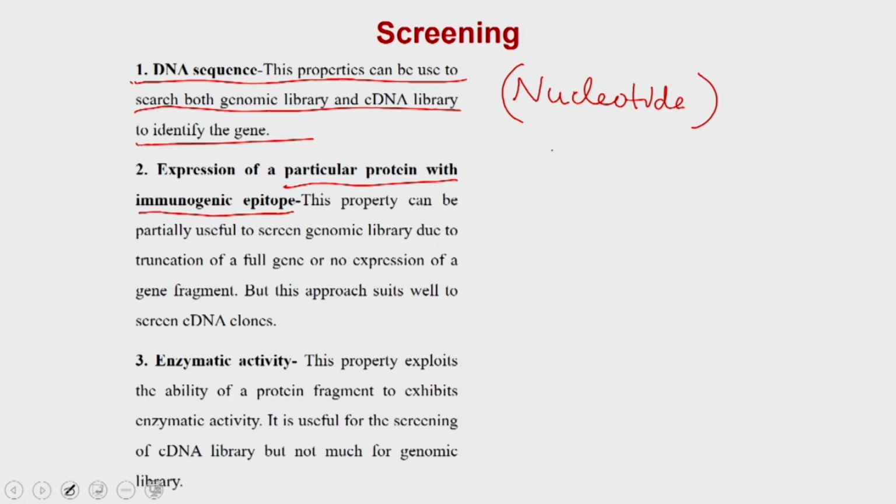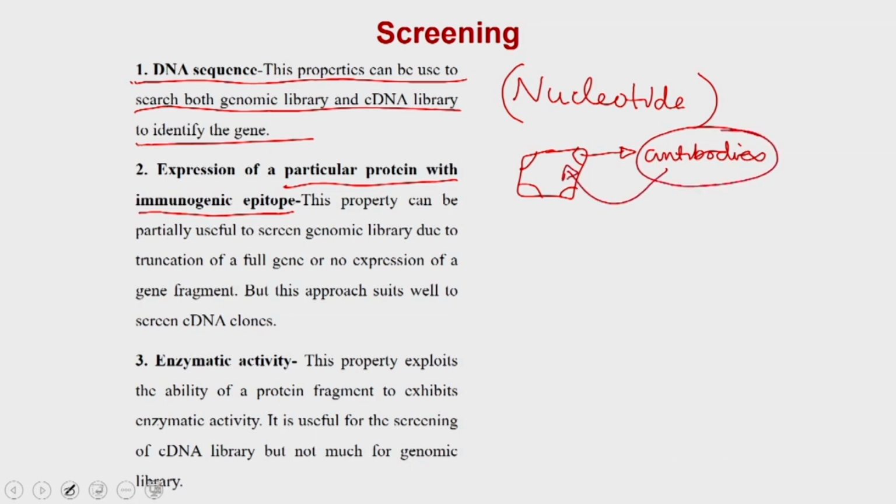For example, if you have a protein, what is meant by the immunogenic epitope is that if you have a protein of three-dimensional conformation, some portion of the protein is going to react with the immune system, and these regions are going to give you the antibodies, which are going to be very specific for this particular protein.